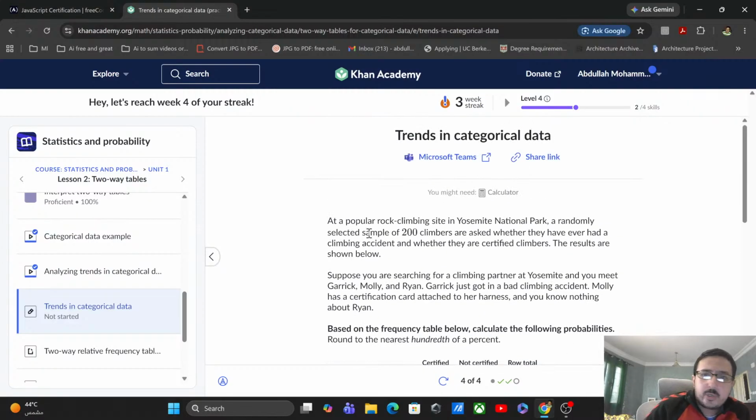At a popular rock climbing site in Yosemite National Park, a randomly selected sample of 200 climbers are asked whether they have ever had a climbing accident and whether they are certified climbers. The results are shown below.